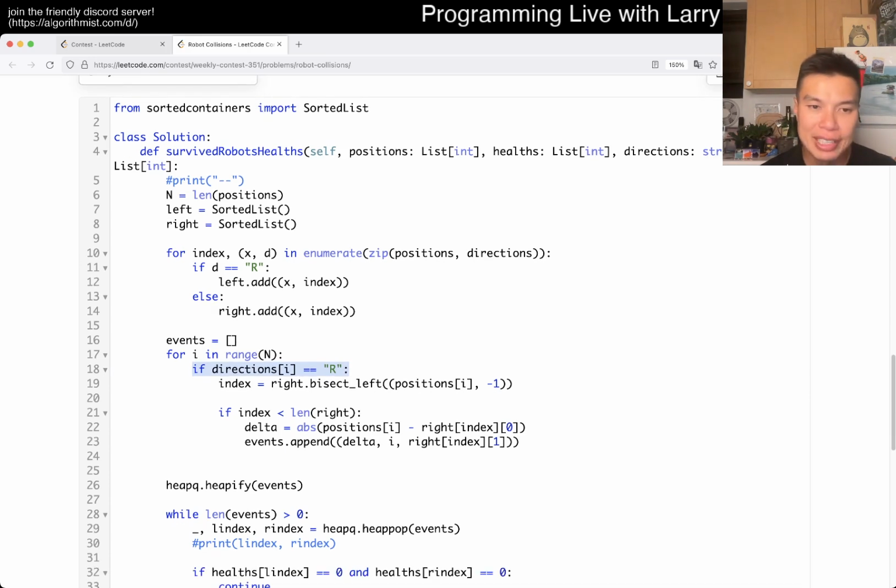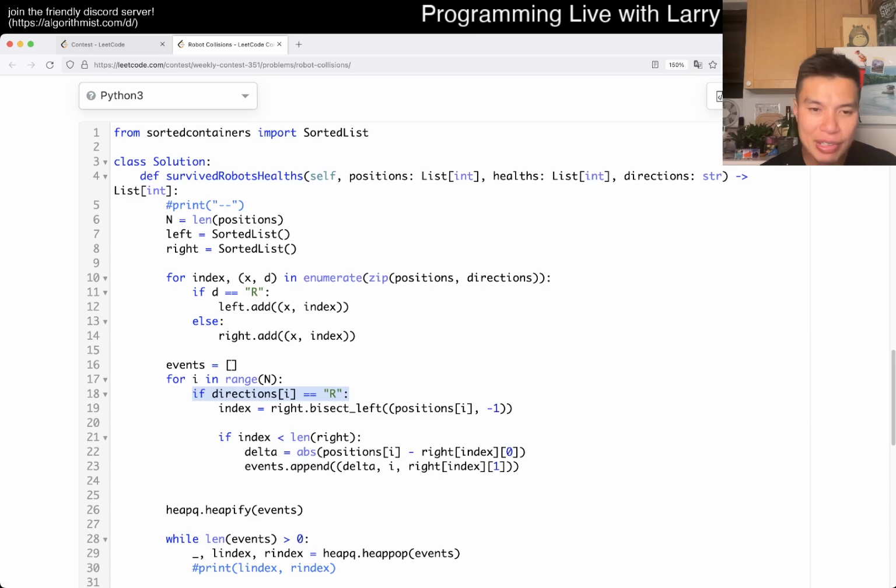Yeah, and here for every robot that's going to the right, that means we are using the left side, but on the right side, we calculate the closest one by using a binary search. Basically, this is all the robots going left, and we do a binary search.